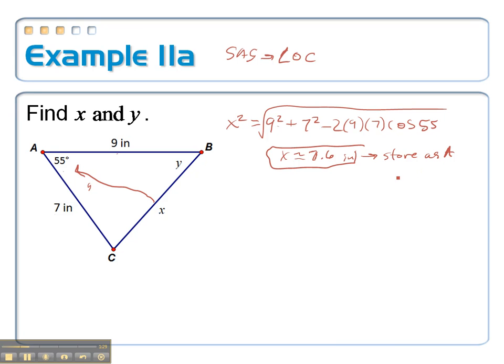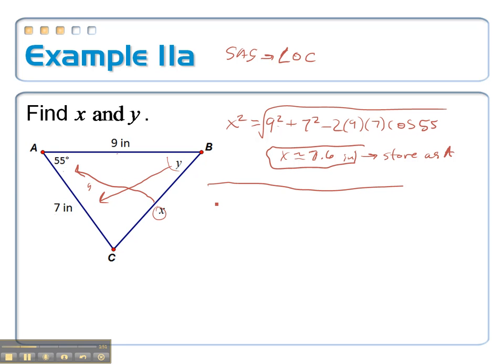Okay. So now we know this side measurement. So in order to find angle y, we can go ahead and use the law of sines, because we have angle across from a side, angle across from a side. I'm looking for a side, so it goes on top.